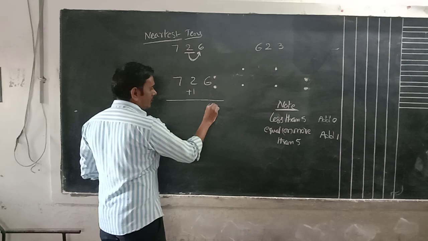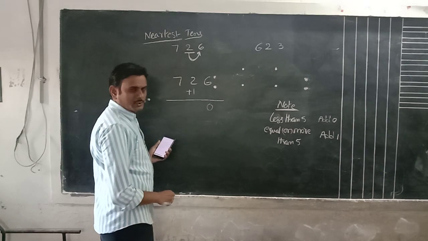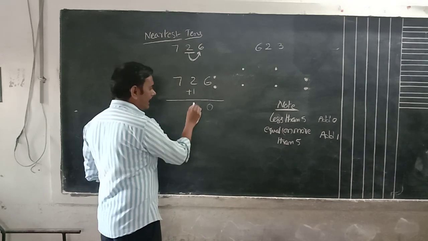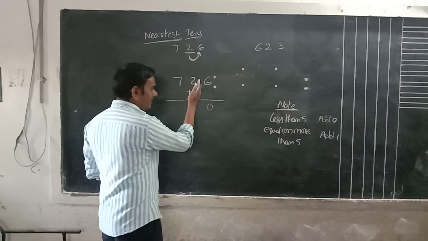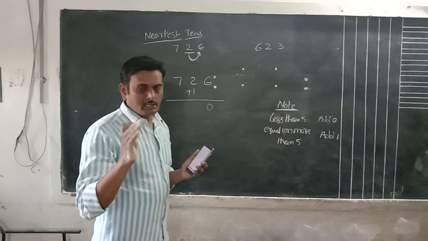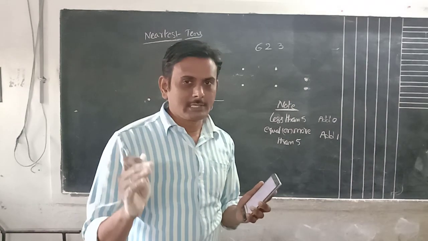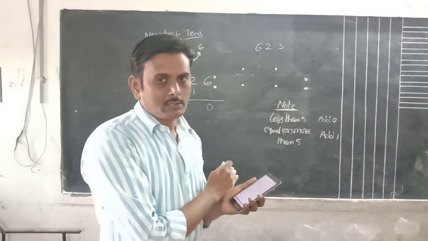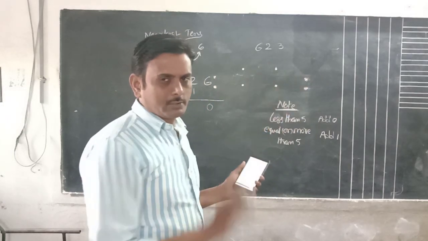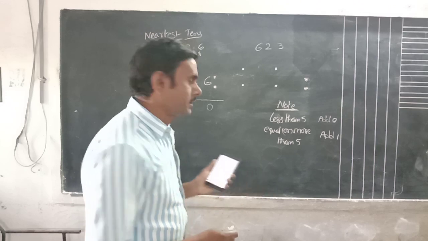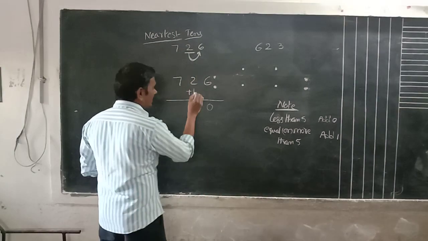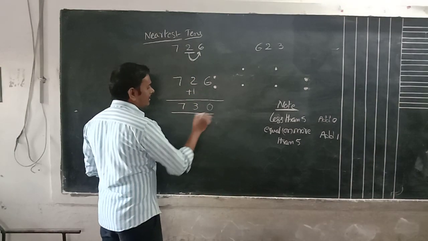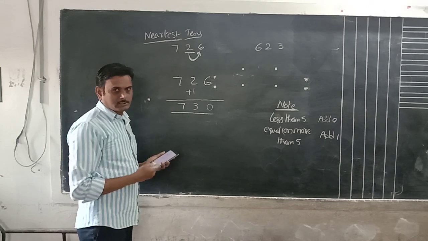Now this becomes 0. Beside that, all zeros only. 2 plus 1, 3, and 7. 730 is the nearest to 726.